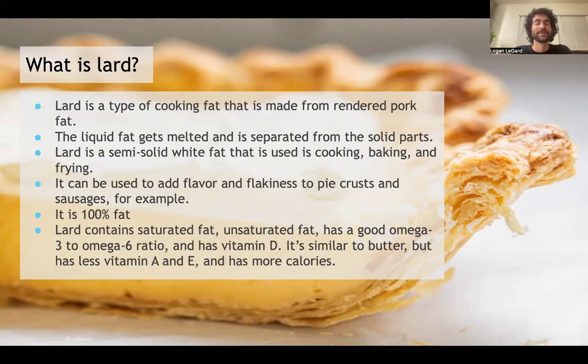So if a participant were to ask you, should I cook with lard or should I cook with butter? They're both pretty similar. They're a little bit different nutritionally. Like this says, lard has more calories and a little less vitamins, but other than that, pretty neutral, pretty equal. I personally wouldn't say one is healthier than the other.